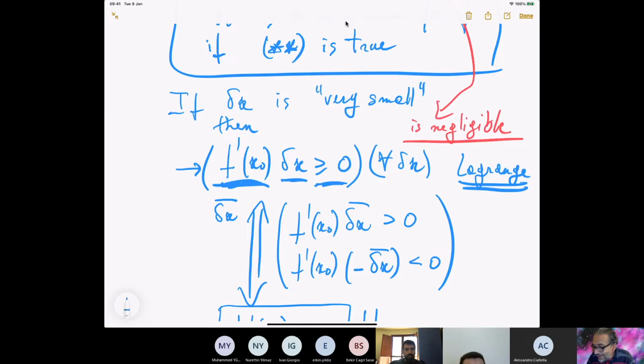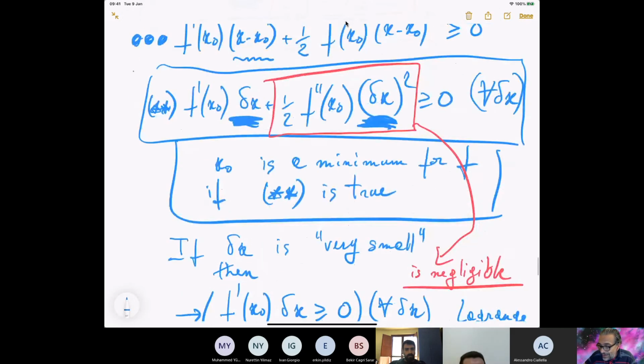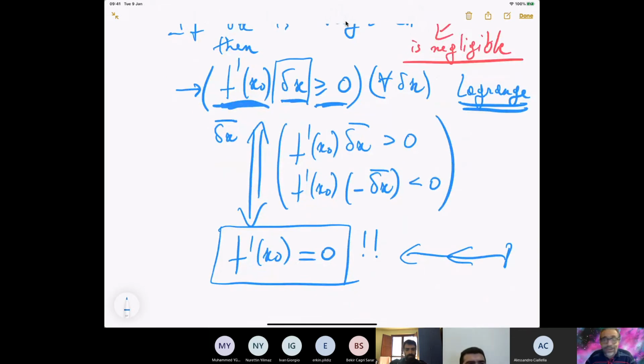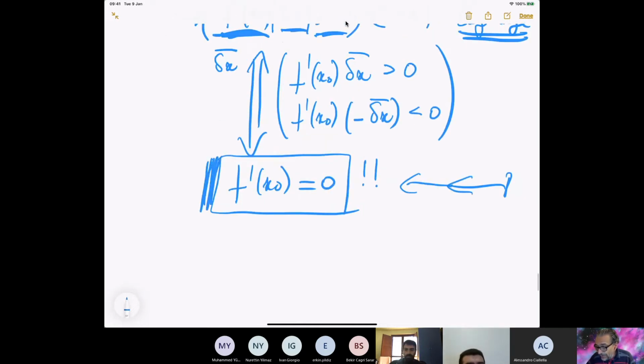This is the only possibility for having this double star verified. Okay? Then, as a consequence of this virtual variation of the independent variable, you get that the first derivative of f in x0 is equal to 0. And you get the classical standard condition for finding minima of a function.